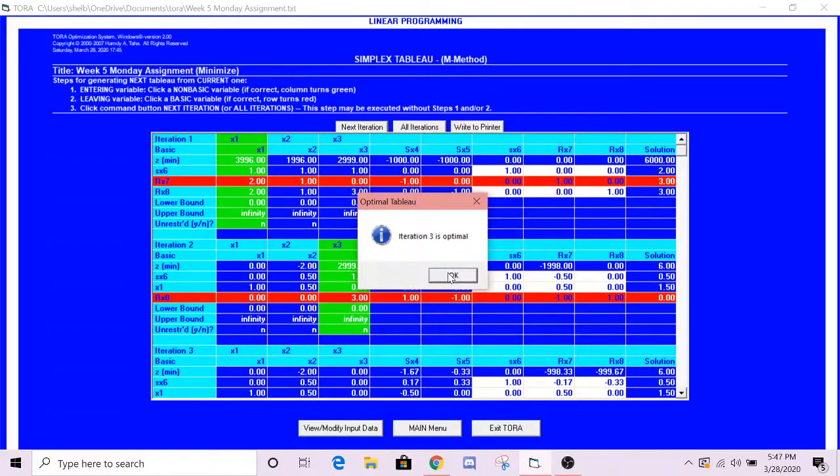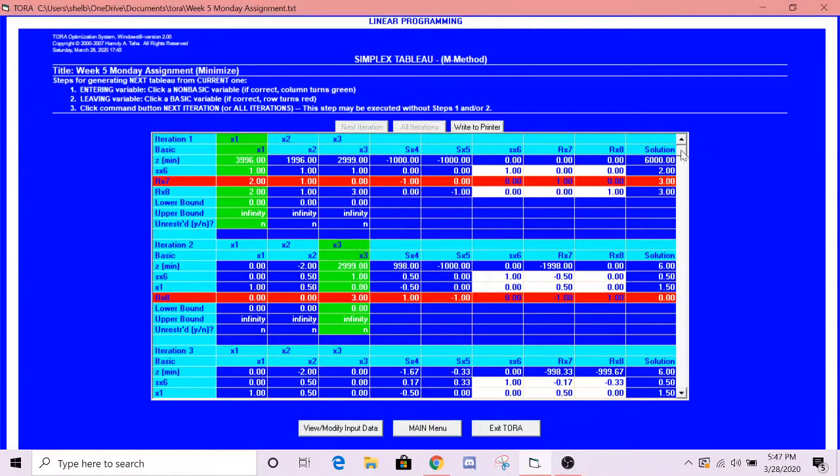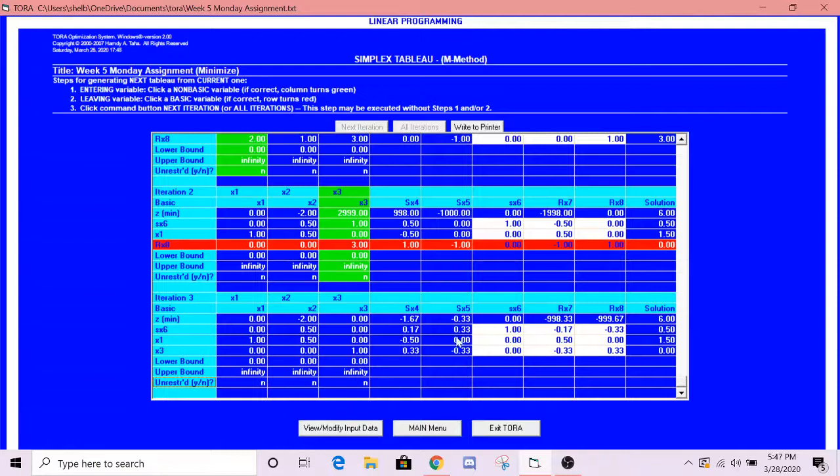And it says that our iteration 3 is optimal. So this means that this is our final iteration. This is our optimized tableau in iteration 3. So looking at it, we find that Z is equal to 6 when X1 is equal to 1.5, X3 is equal to 0, and S1 is equal to 0.5.